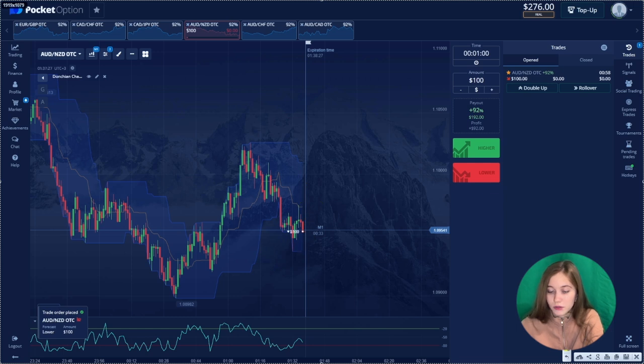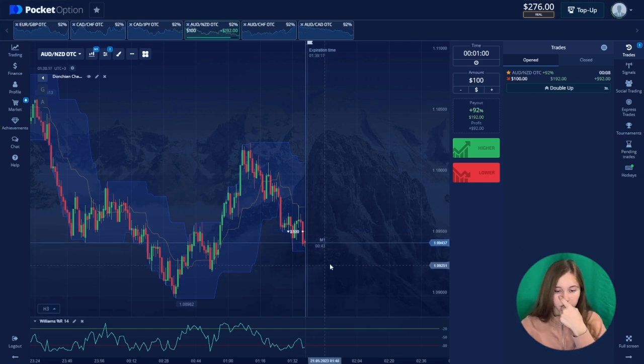So we are at the lower positions. But the second indicator is also in a drawdown, and we are approaching the oversold zone. Let's wait. 7 seconds left until the end of the deal.